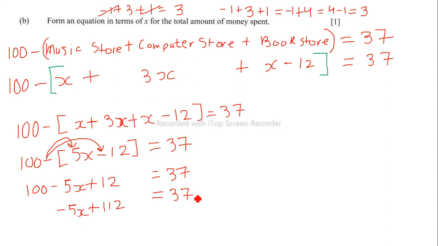Then we send the 112 over. It's going to be equal to -5x. It was a positive 112, but when we send it over, it becomes what? Negative 112. Now, what is 37 minus 112?